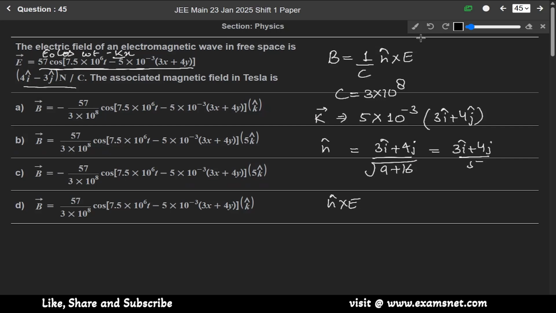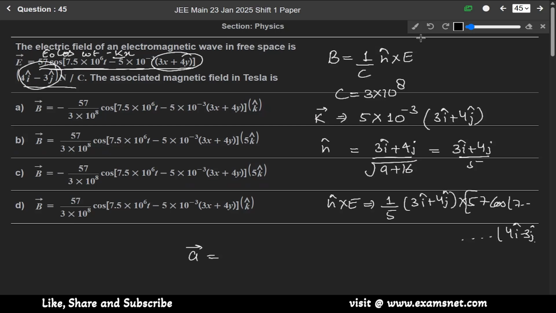So for n cross E, it will be 1 over 5, (3 i cap plus 4 j cap), into 57 cos(7.5 ...), up to this, 4 i cap minus 3 j cap Newton per Coulomb. Now we take the product of these two vectors.